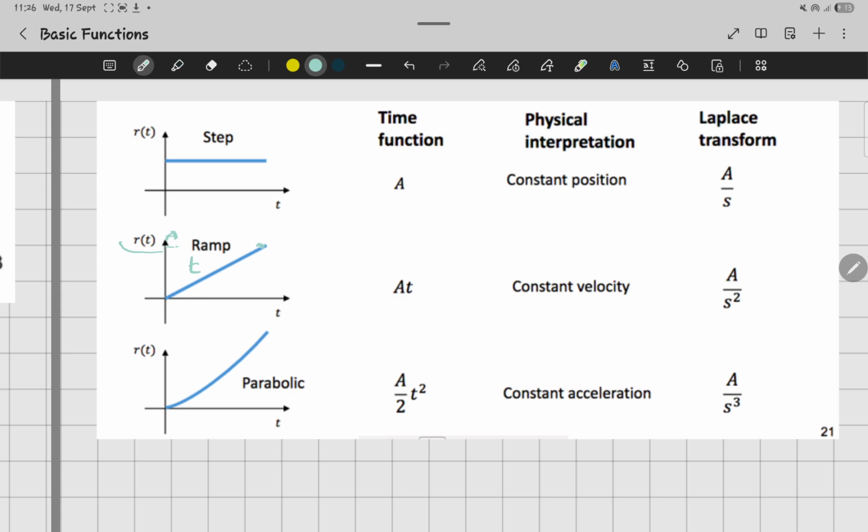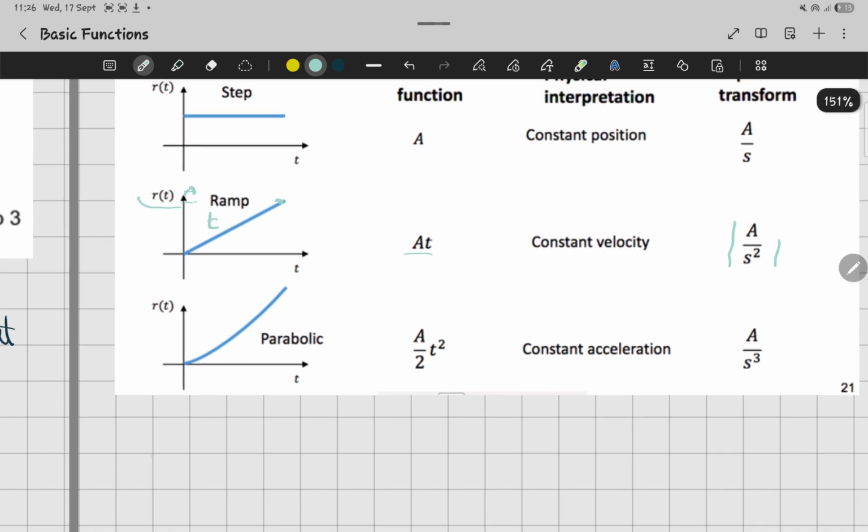This is when you work with a ramp function in time domain, and since we have to work in S domain, this is what we're going to have: when you have a ramp function, it is A over s squared.